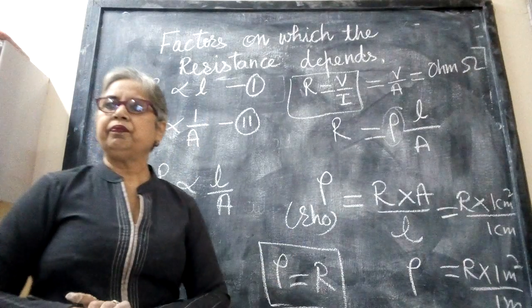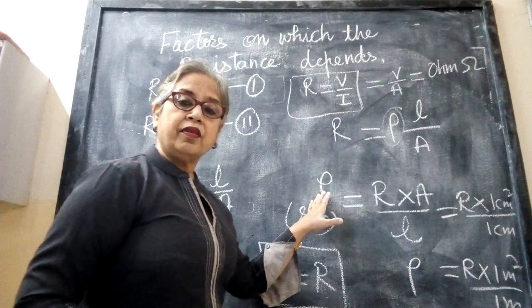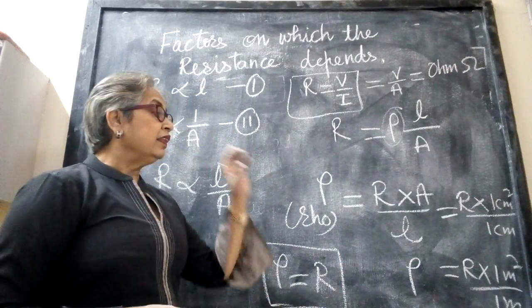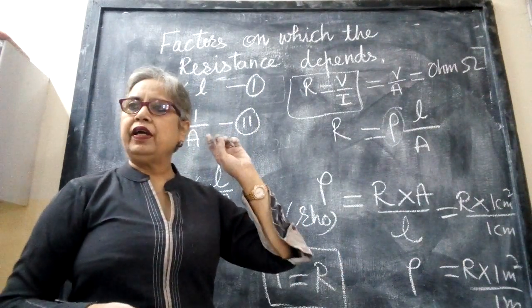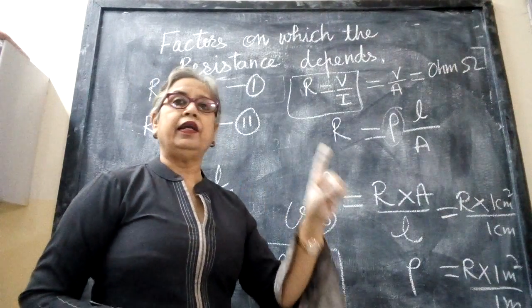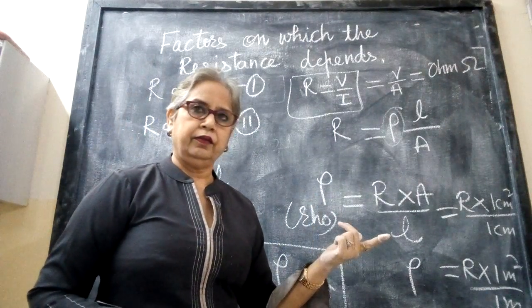Right? So we can define resistivity or specific resistance as the resistance of a conductor, a resistor, which is of unit area of cross section and of unit length.